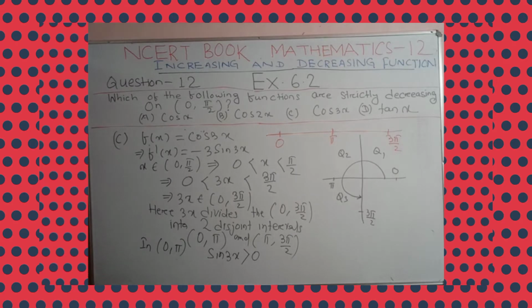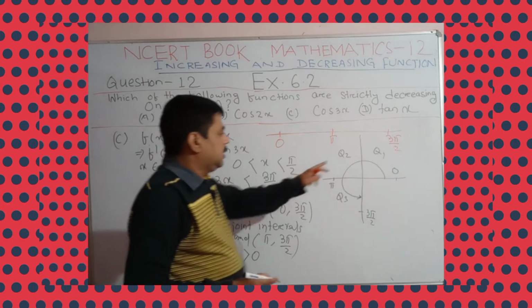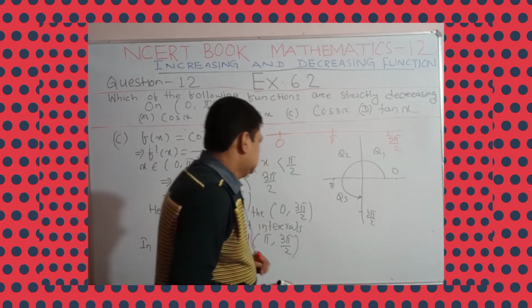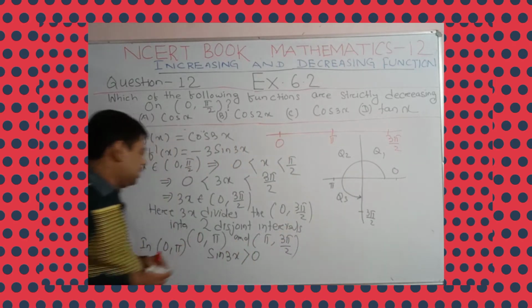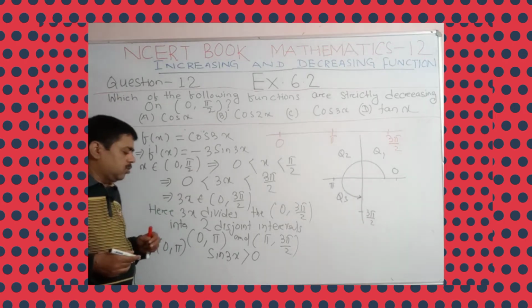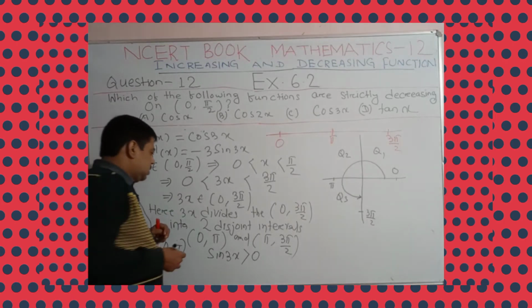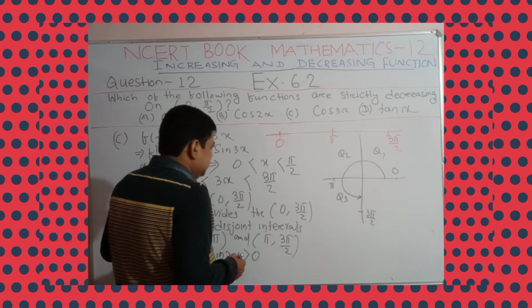It means when the angle lies in the first and second quadrant, 0 to pi, sine of the angle, the trigonometric ratio, is always positive. So sin 3x is greater than 0. Is it clear?